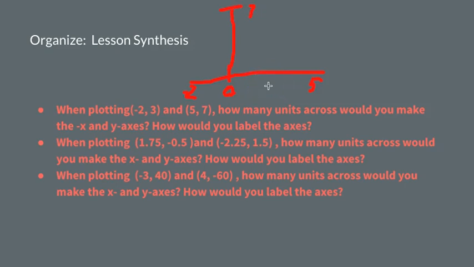Simple. What about plotting something like 1 and 75/100ths, -5/10ths, and -2 and 25/100ths, and 1 and 5/10ths? Is it going to use the same units here? No, and in fact it's going to be a little bit different because you're going to need something that dips down into the third and fourth quadrant, because we do have a negative y.